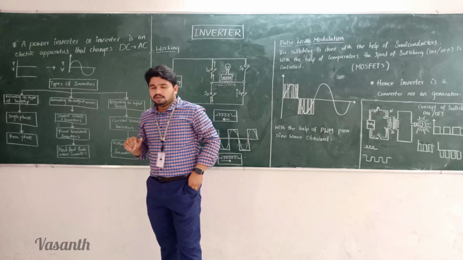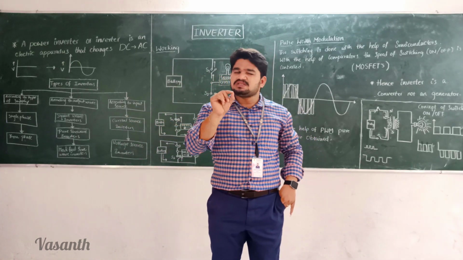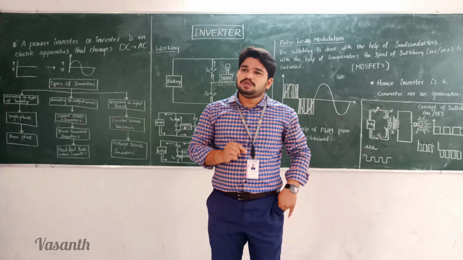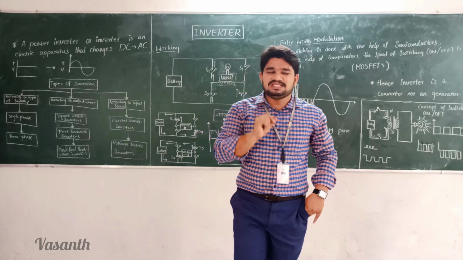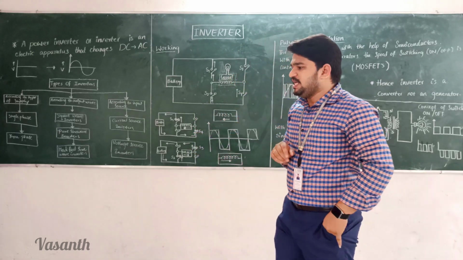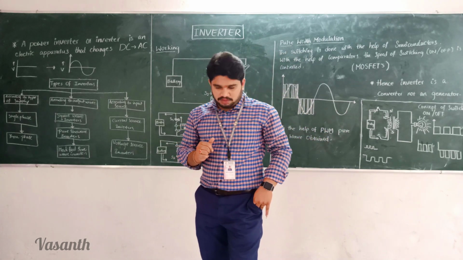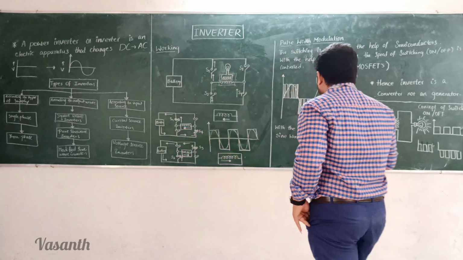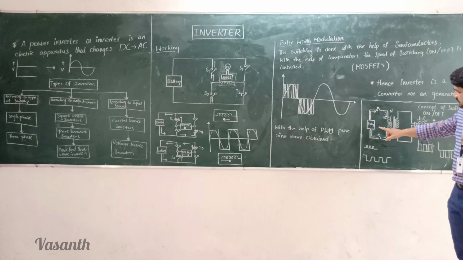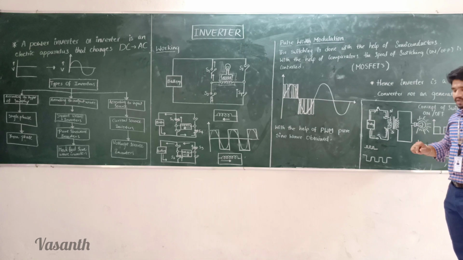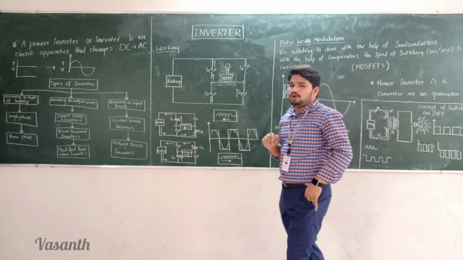Before entering the working of an inverter, let us discuss the working of a transformer. A transformer is a device which works only on AC current, right? It won't work with DC. So what I am doing here is, let us take a battery and connect it to the primary coil of the transformer.